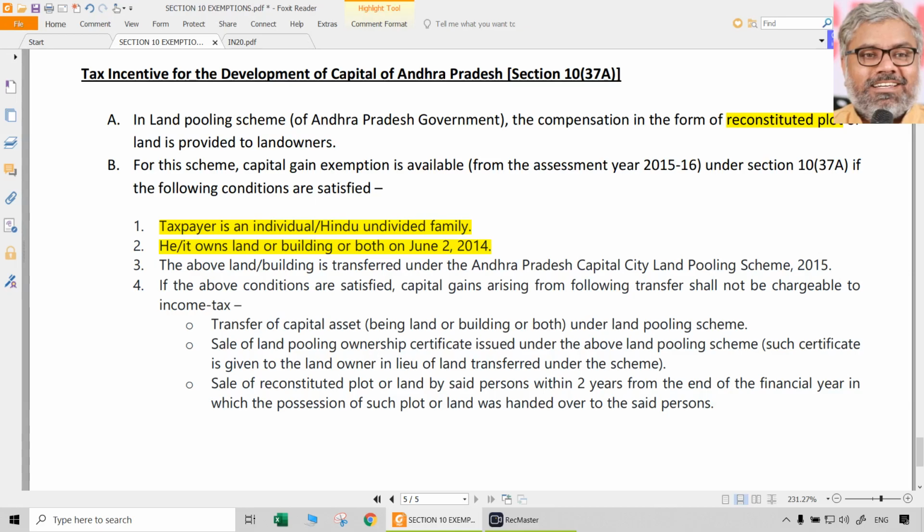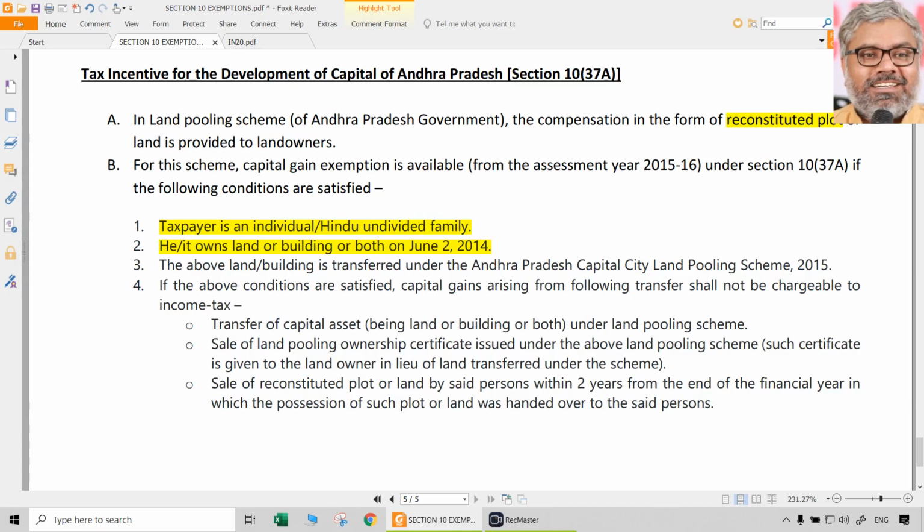They have done this land pooling, and the person who was owning a land or building or both on June 2nd, 2014 can give up their land in this land pooling scheme, and in return what they might get is a developed, reconstituted plot or land, which comes later after the development of the capital region happens.